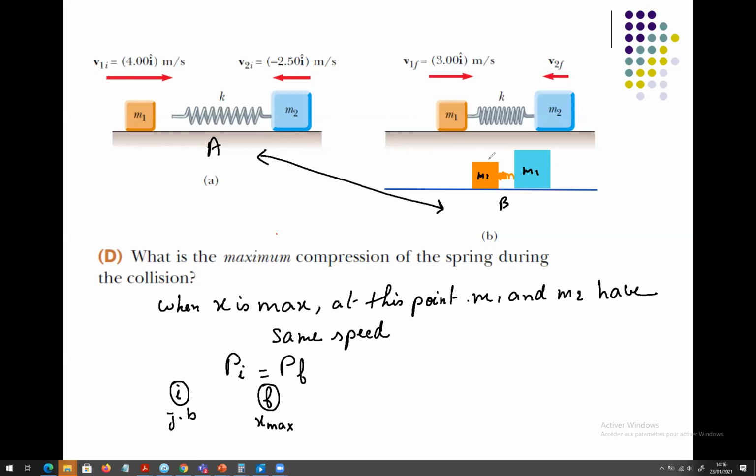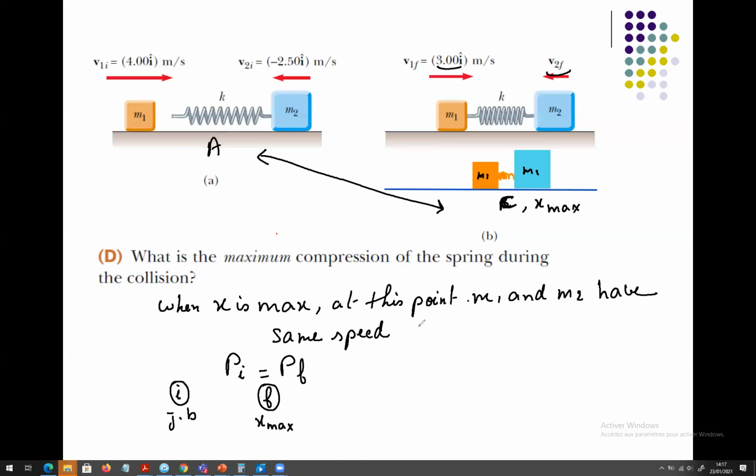You can say here state C, because in state B we had another configuration, with velocity here and velocity here. State C, where X is maximum. Okay. What about P initial?